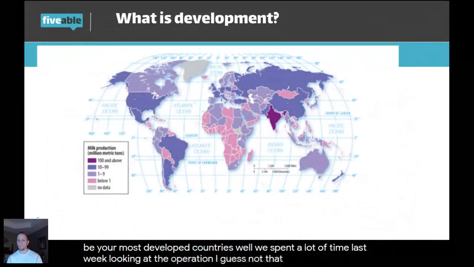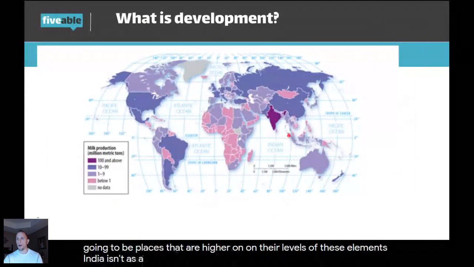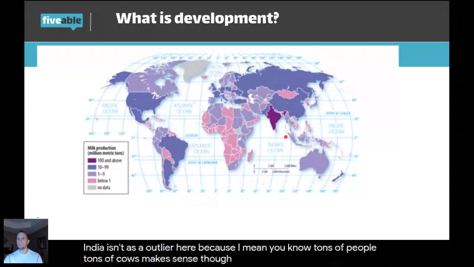There are a lot of computers, and people have got to be able to transport it. There's a lot of mechanization in the process, and so it makes sense that places that are able to produce the most milk are going to be places that are higher on their levels of development. India is an outlier here because, I mean, tons of people, tons of cows. Makes sense they would have a lot of dairy.